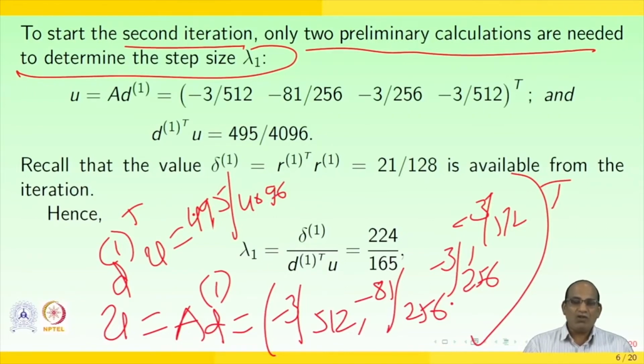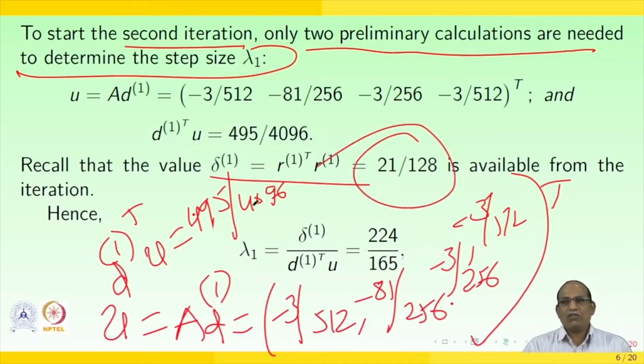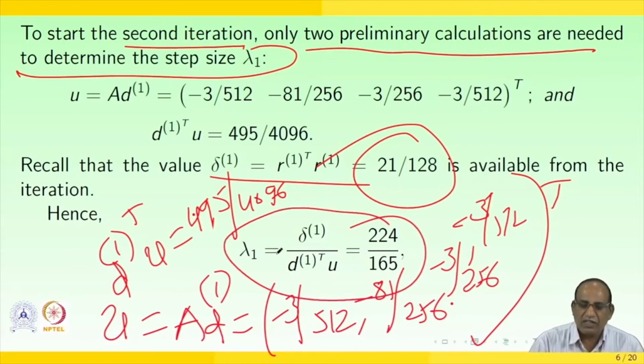Recall that the value delta of 1 is nothing but R1 transpose R1, which will be equivalent to 21 upon 128 from the iteration. So therefore essentially you do get lambda 1 as 24 upon 165.